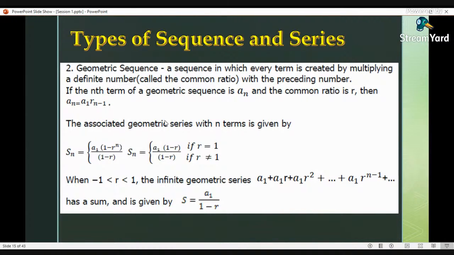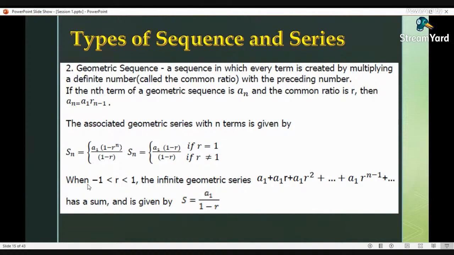And the associated geometric series, or the sum of the terms in a geometric sequence, is given by S sub n equals a sub 1 multiplied by 1 minus r raised to n, over 1 minus r. These are for values if r is not equal to 1.